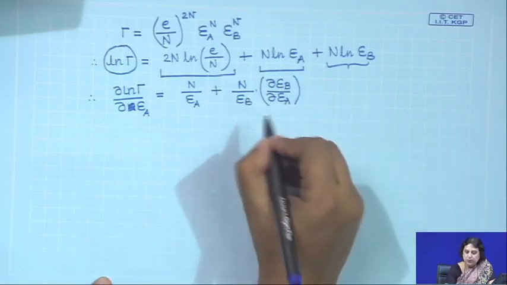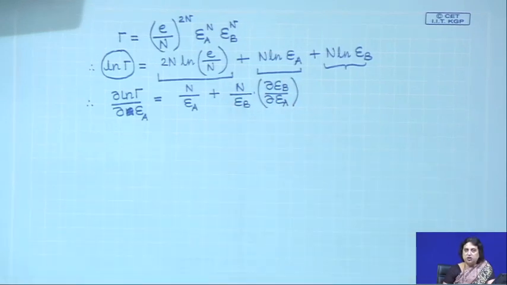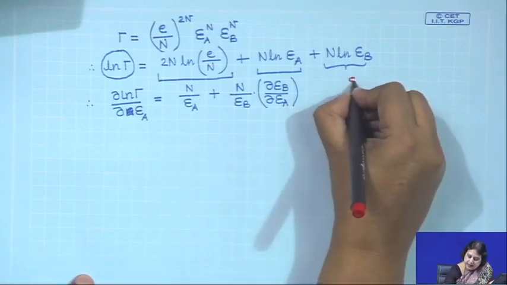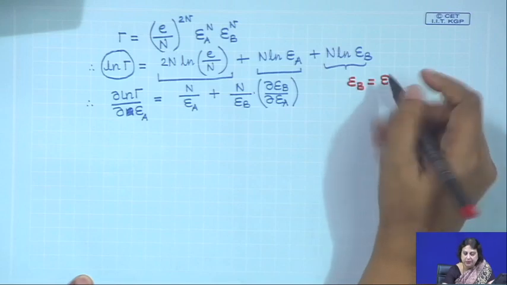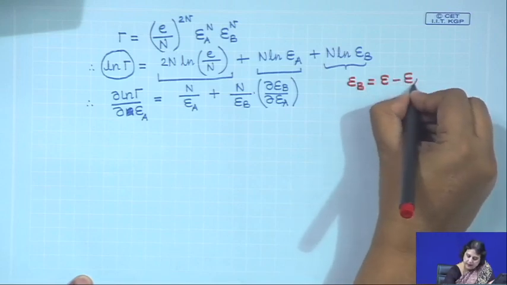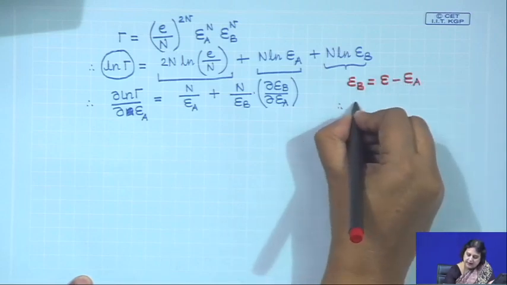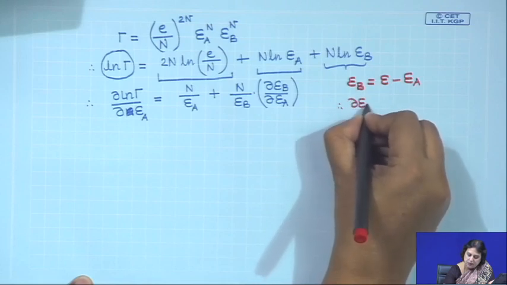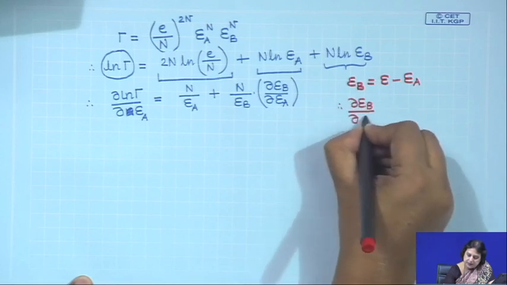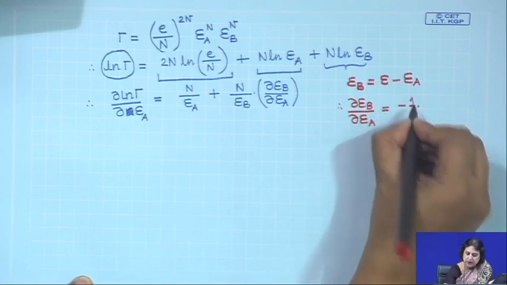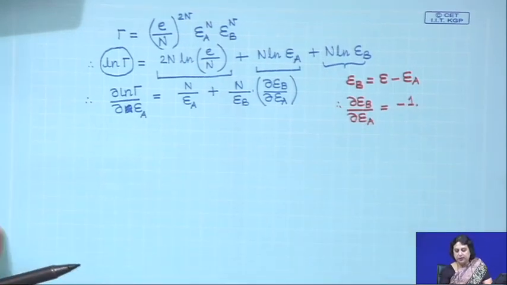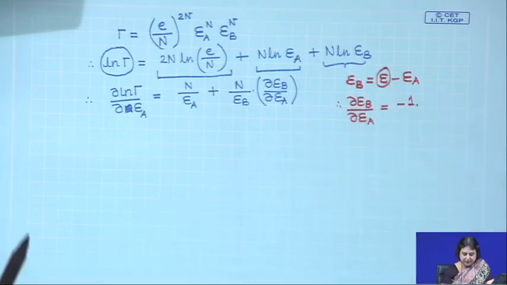Now, what is this quantity? By definition, we know that epsilon b is equal to a constant energy epsilon minus epsilon a. Therefore, I can say that del epsilon b by del epsilon a is going to be equal to, obviously, minus 1, under the condition that the total energy epsilon is a constant.